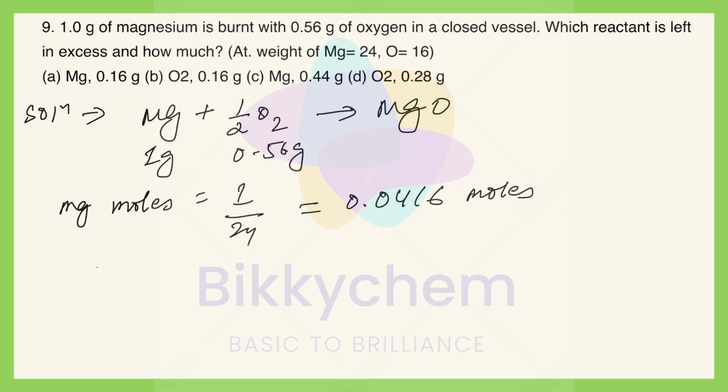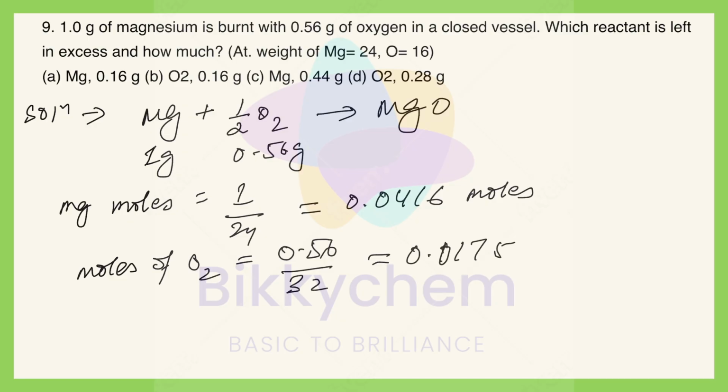Similarly, if I take the oxygen, O2 is equal to 0.56 divided by 32. It will be 0.0175 moles.